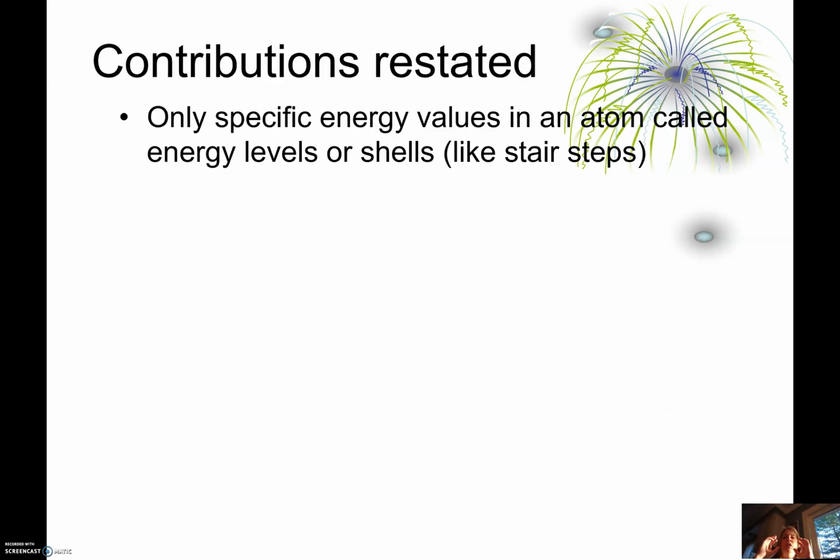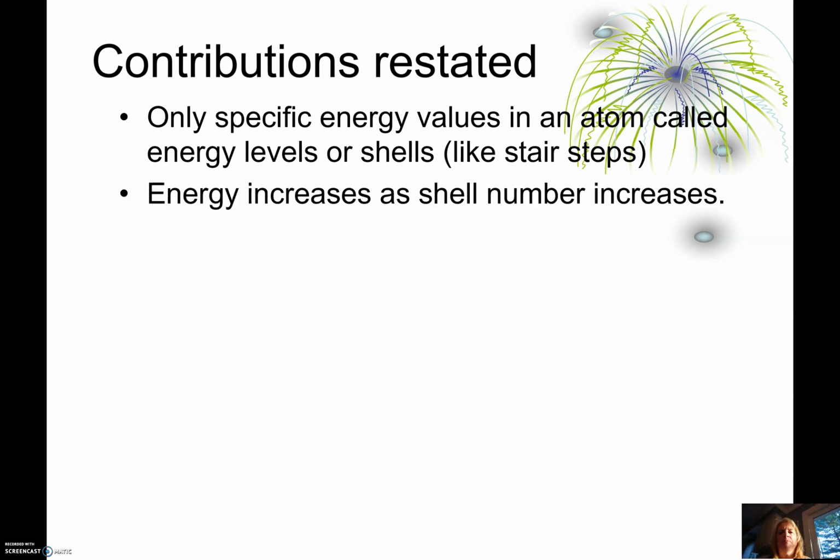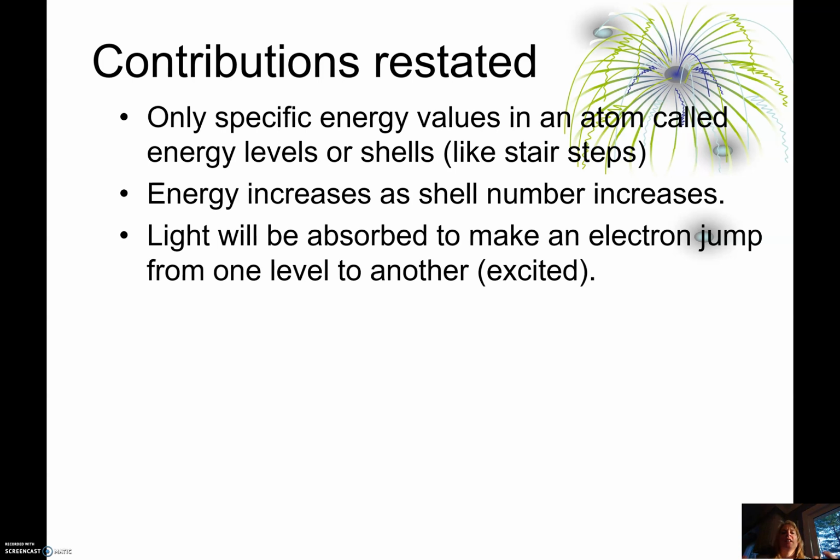So let's just go through this one more time. Every element has specific energy levels that are called quantum. And you can kind of think of them like stair steps. And as we go out from the nucleus, as our shell number, our n value, 1, 2, 3, 4 increases, the energy increases. And so if energy is absorbed, it'll make an electron jump up to a higher level.